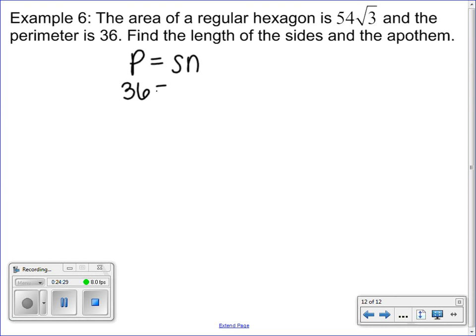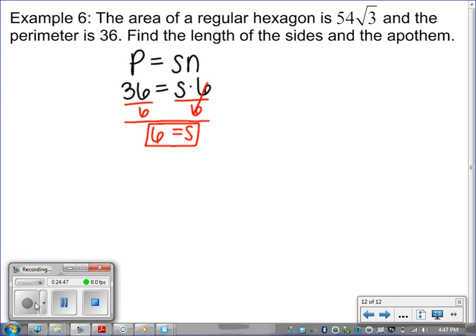Perimeter is 36 equal to sides times the number 6, divide by 6, and my length of each side is then 6.